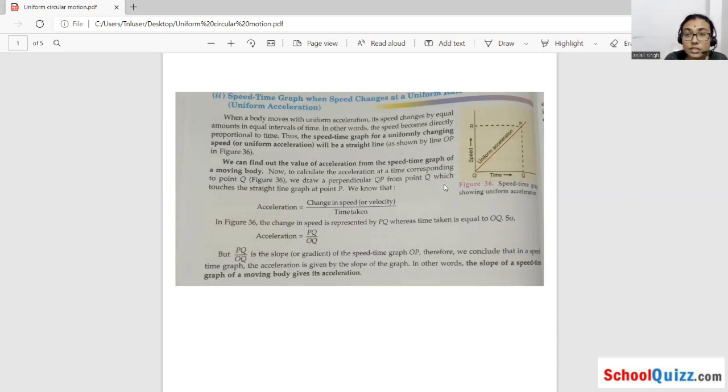So that is uniform acceleration. Acceleration is the change in speed with respect to the time taken. This line OP is the slope of this graph. The slope of the speed time graph of a moving body gives its acceleration. Clear everyone? So we'll move towards the next graph.